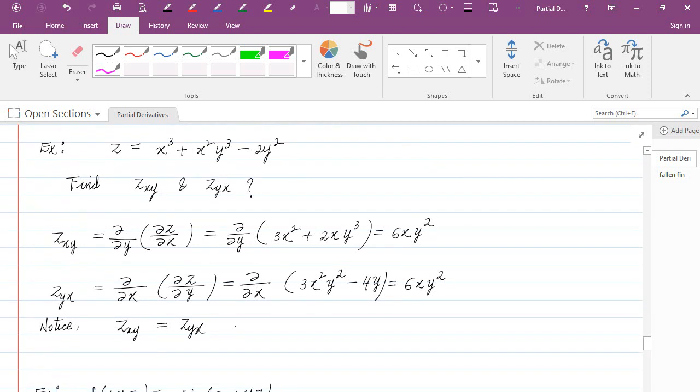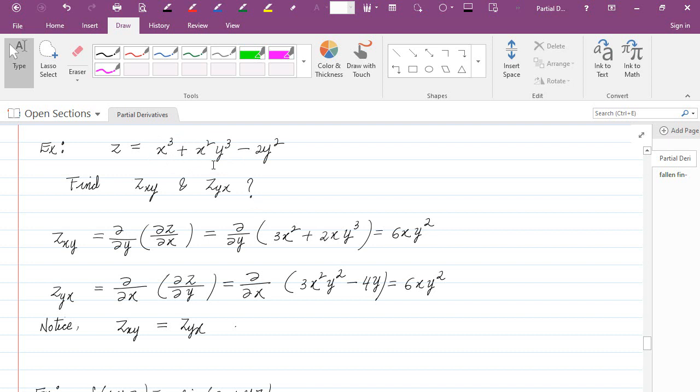Now the mixed partial zyx, that's the partial derivative of z with respect to y first and then with respect to x. The partial derivative of z with respect to y first would be the following. The derivative of x cubed with respect to y would be 0.